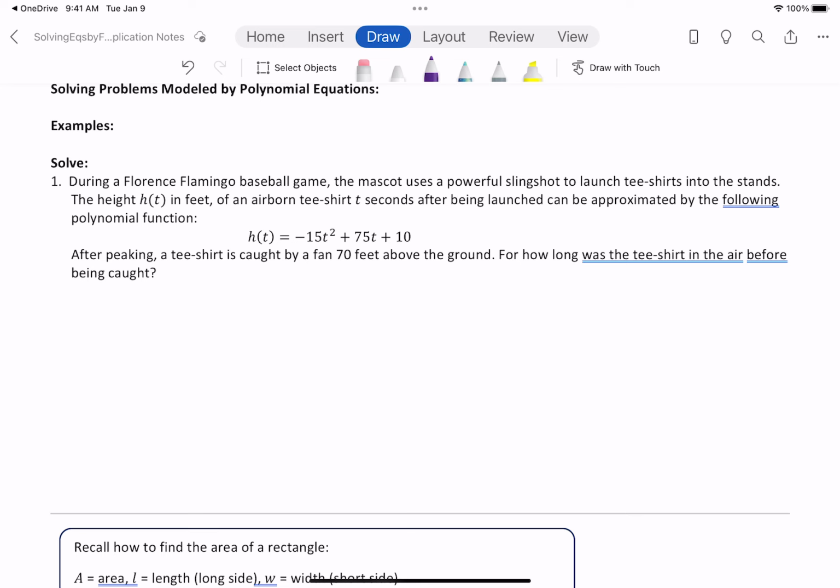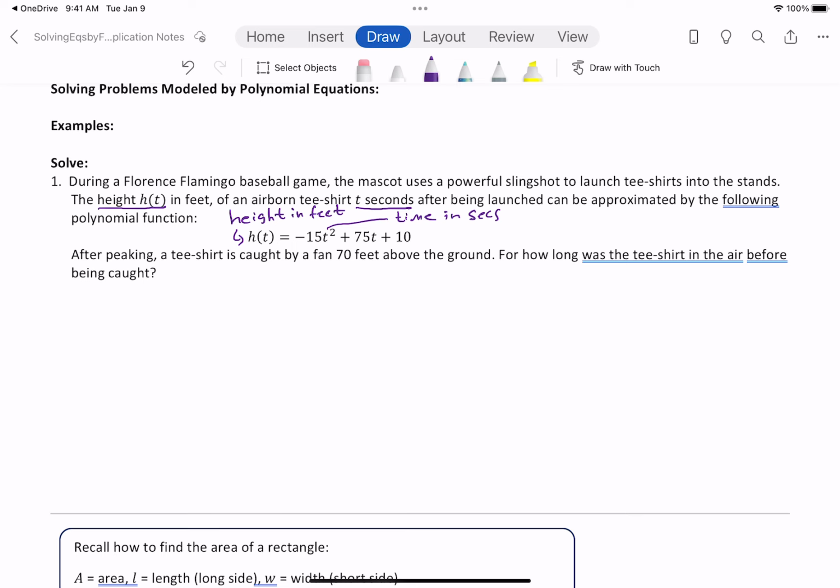So first, this says the height h(t). In this equation, the height is given by h(t), and that is in feet. And then it says t seconds. So t is going to be the time that the shirt is in the air in seconds.